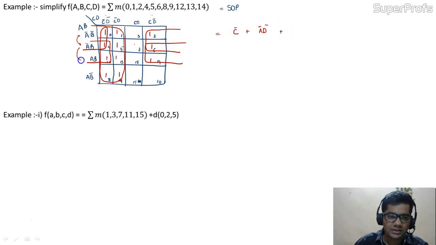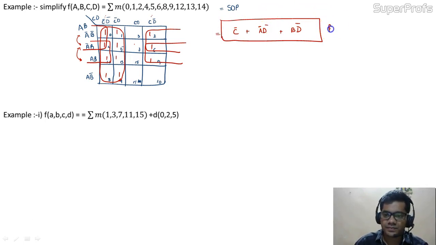Similarly, for the other quad, we would take the common terms, that is B, and in these 2 terms the common is D bar. So this is C bar plus A bar D bar plus B dot D bar. So this is our final expression.